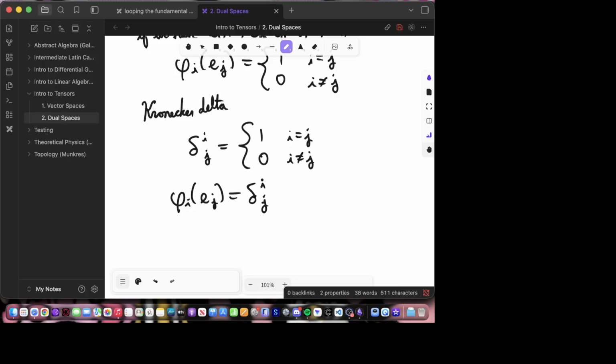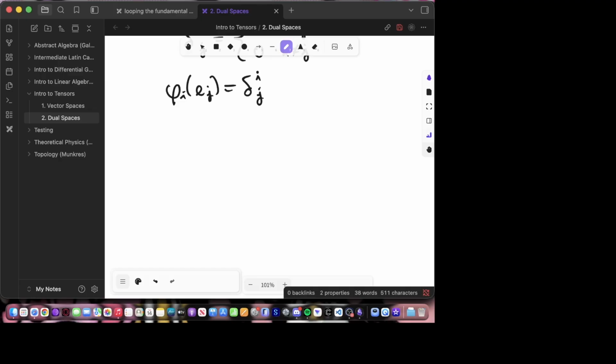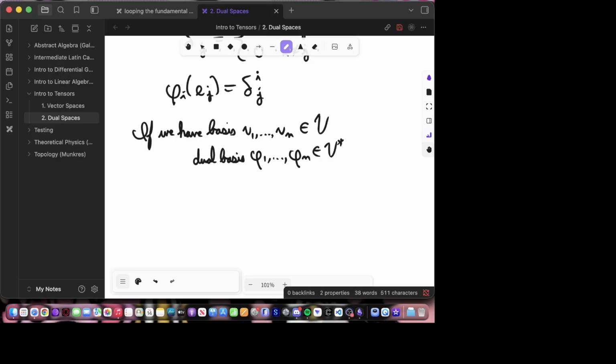So now let's discuss another theorem. If we have a basis v1 to vn of V, and the dual basis phi1 to phin, then we must have that v can be described this way.